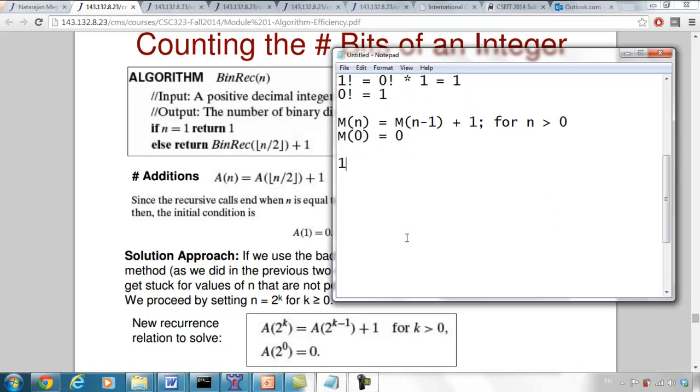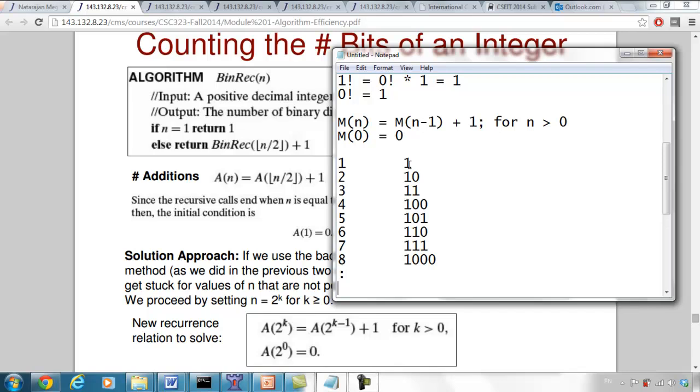For integer 1, we just represent 1, because we could write 0 1, but that leading 0 is not needed. That's why it's 1 bit. 2 is 1 0, 3 is 1 1, 4 is 1 0 0, 5 is 1 0 1, 7 is 1 1 1, 8 is 1 0 0 0, and so on.